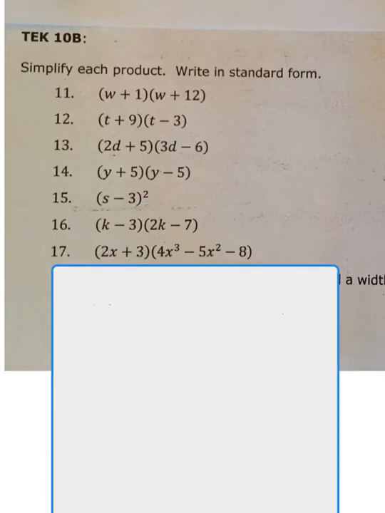Number 17, I have 2x plus 3 times 4x cubed minus 5x squared minus 8. So this is a little bit different in that I have a binomial times a trinomial, but it's going to be the same in that I have to multiply each term in my binomial times every term in the trinomial.